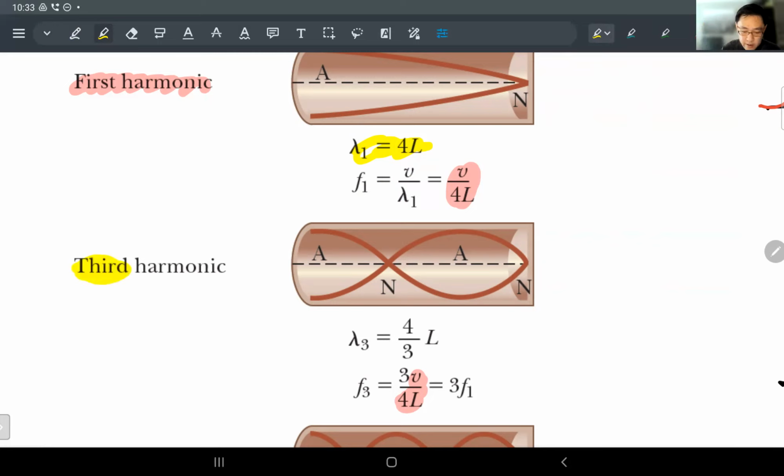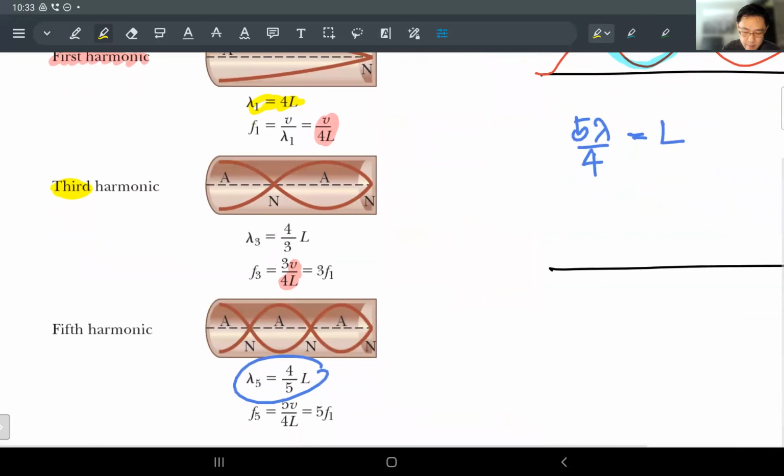Okay. And of course, now you can imagine the bottom one, because we can see that this bottom one is 5 times the fundamental frequency, or that means it's 5 times the first harmonic. So this one's supposed to be named fifth harmonic. I think this is the name of the band or something, right? The fifth harmonic. But anyway, that's what it is.